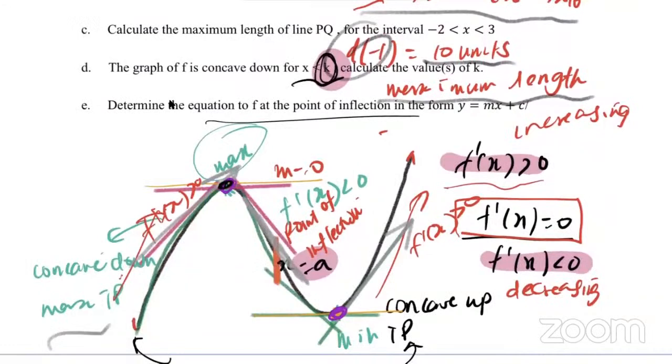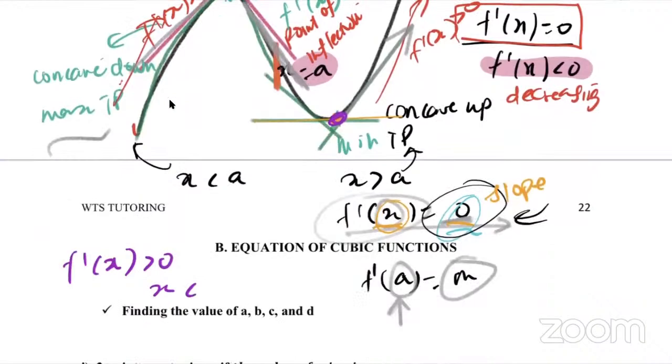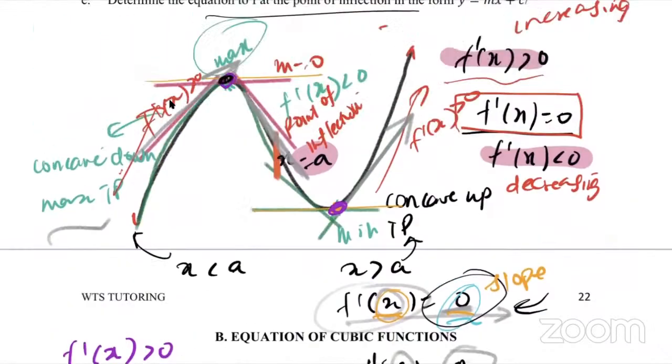My maximum turning point was negative 0.79. Right, negative 0.79. So we would say that f prime of x is positive for x less than negative 0.79, on the left.